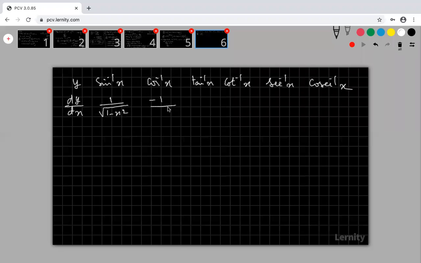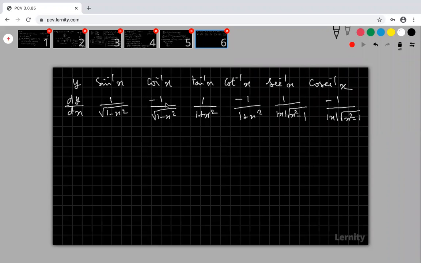For cos inverse it is the same formula, but with minus sign: minus 1 by root over 1 minus x square. What is my tan inverse? 1 by 1 plus x square. For cot inverse it is minus 1 by 1 plus x square. Secant inverse is 1 by modulus of x root over x square minus 1, and for cosecant inverse it is minus 1 by modulus of x root over x square minus 1.